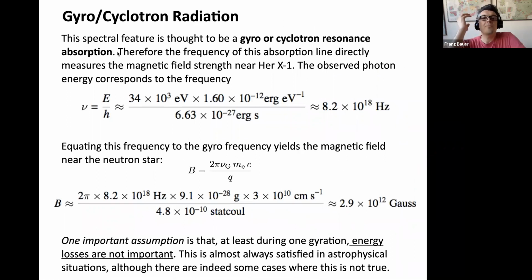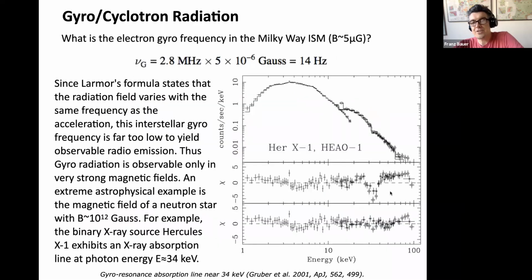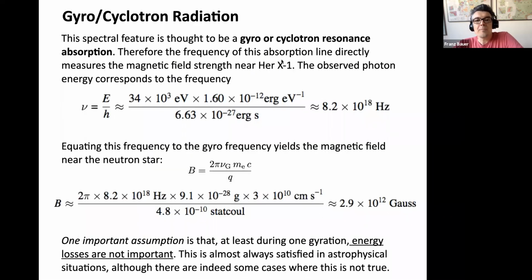We can also think of this as having, in addition to emission, an absorption. In fact, what you ended up seeing here is actually an absorption feature. The frequency of absorption from this line, as I said, measures the field strength of the magnetic field.